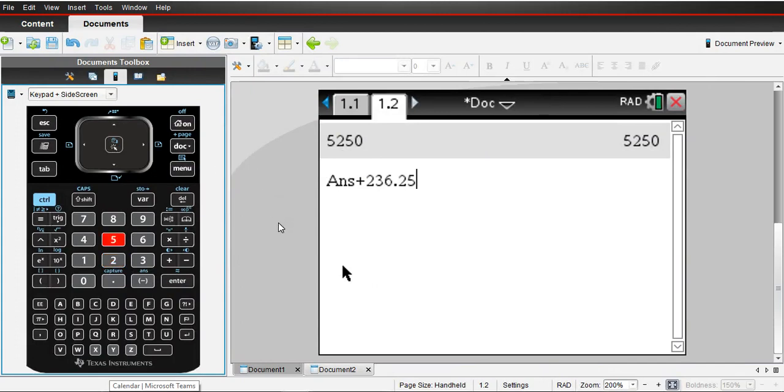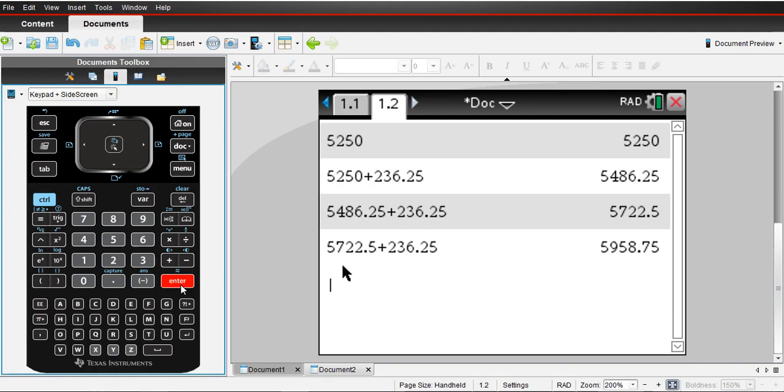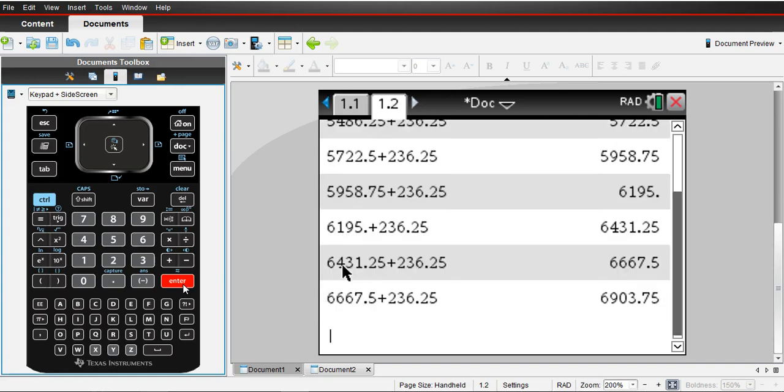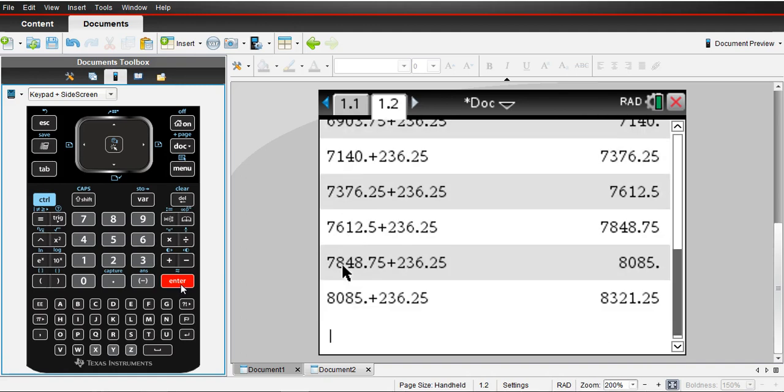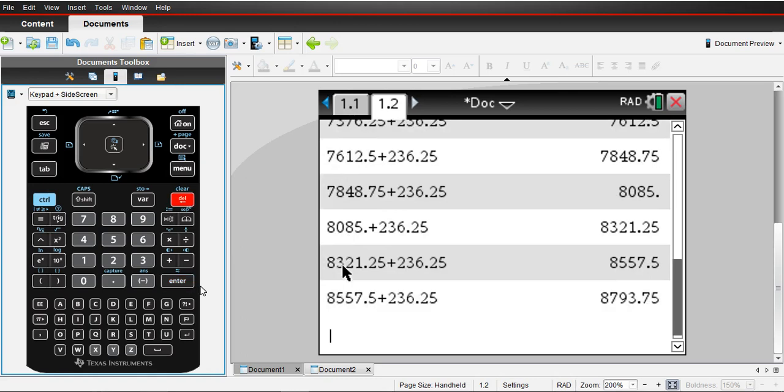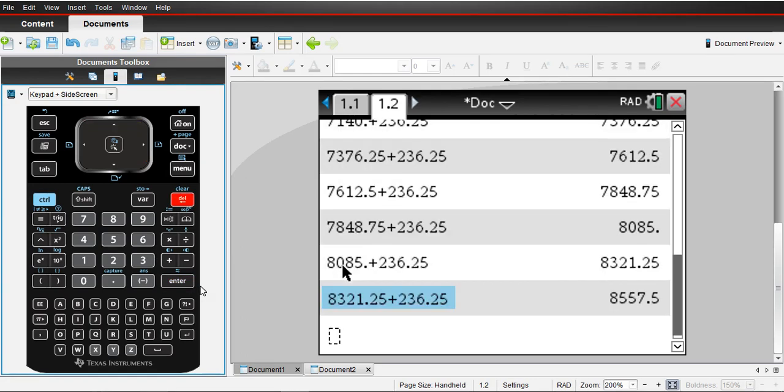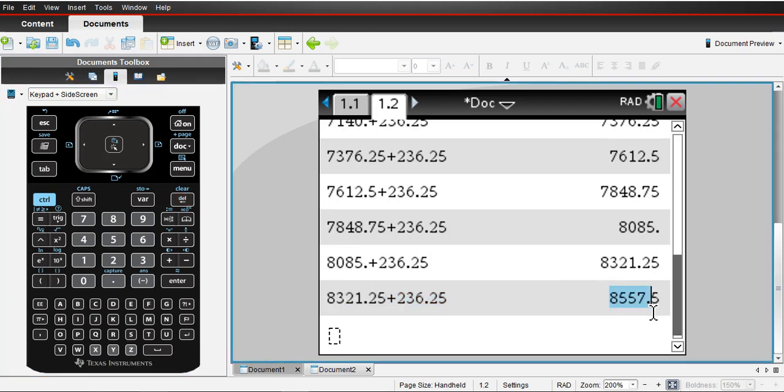So every time you press enter, it's going to give you each term. So there's term 1, 2, 3, 4, 5, 6, 7, 8, 9, 10, 11, 12. Because it says at least 8,500. So there it is. Okay. So what term did I say that was?